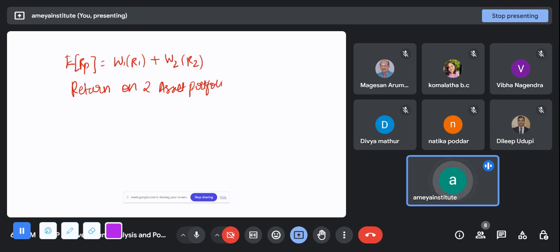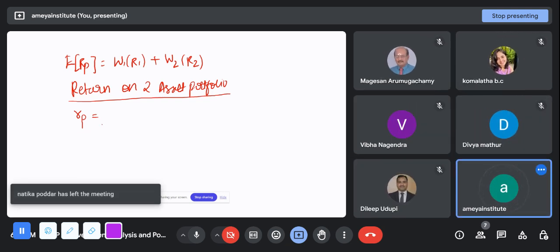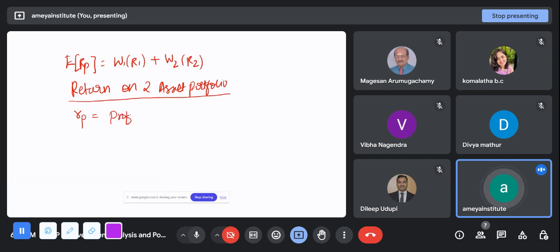When we say returns, we have to think about individual asset returns. R_P means portfolio return. Till now we were discussing portfolio weight. So R_P is equal to the profit I'm getting from the first asset, since there are two assets, plus the profit of the second asset, divided by the investment.